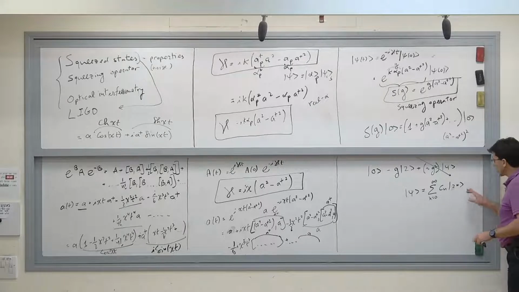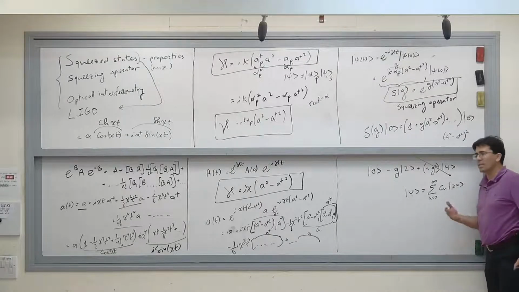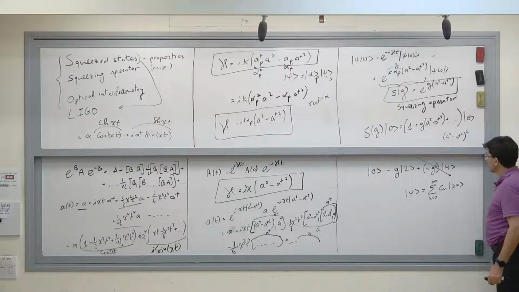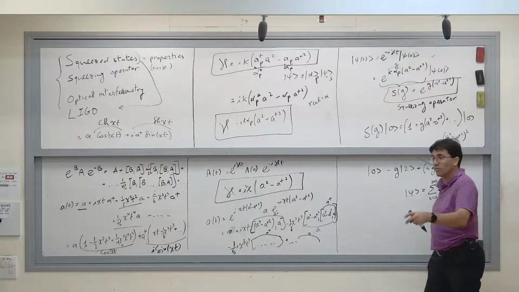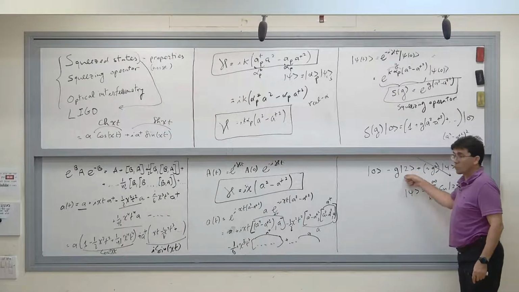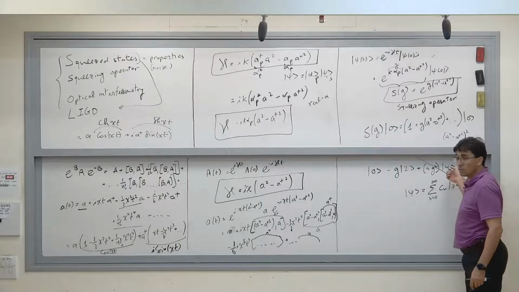So it's a surprising state. It has probabilities to have all kinds of photon numbers. It's definitely not vacuum. If you put a detector in front of it, you will see some probability to detect 2 photons and some probability to detect 4.